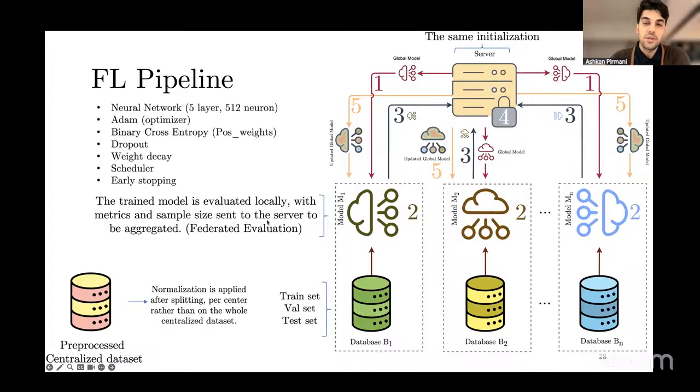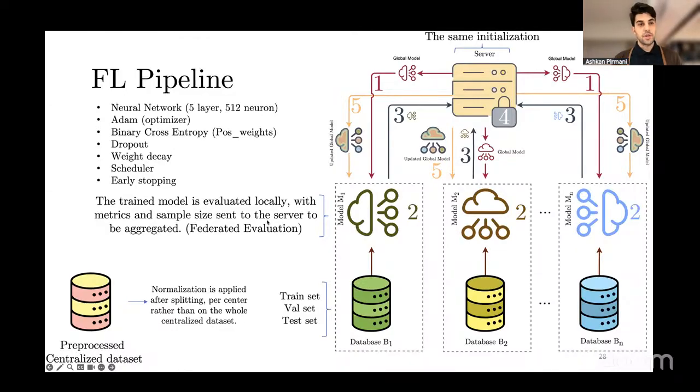Our clients started from the same initialization. We used a 5-layer MLP neural network as the baseline model, with Adam and AdamW, if I'm not mistaken, as the optimizer. We used binary cross entropy as the loss function, with positive weights assigned since we had this imbalanced situation.